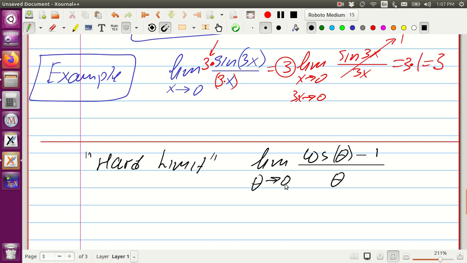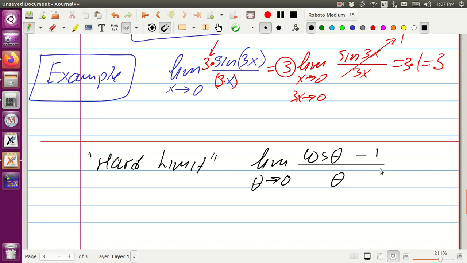What's wrong with this limit? If we use direct substitution and plug in 0 for theta, cosine will be equal to 1, so we'll have 1 minus 1, which is 0, so it will be 0 over 0. Not really good.